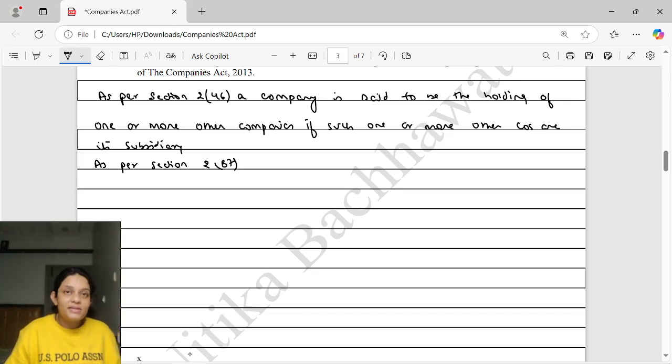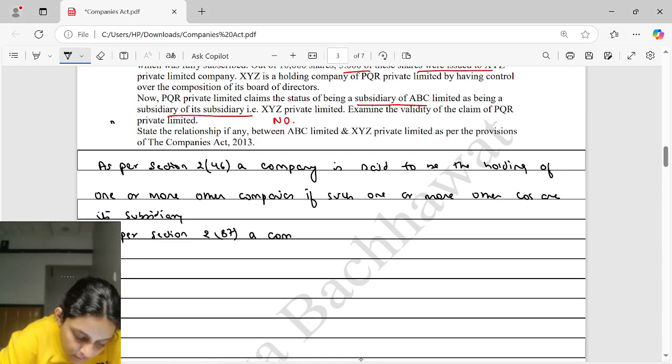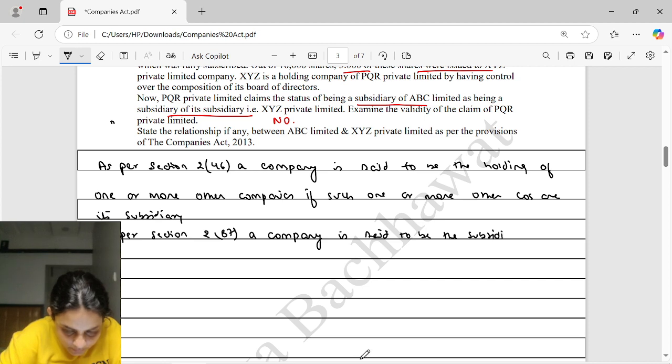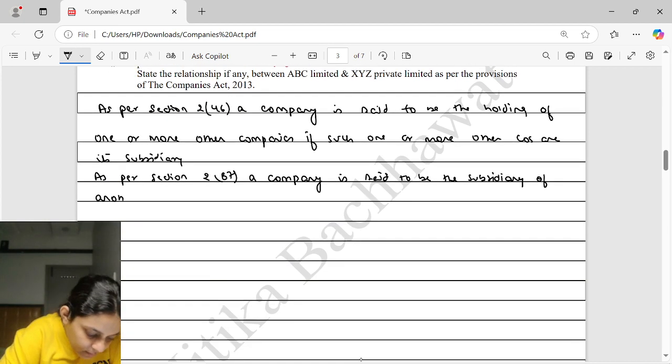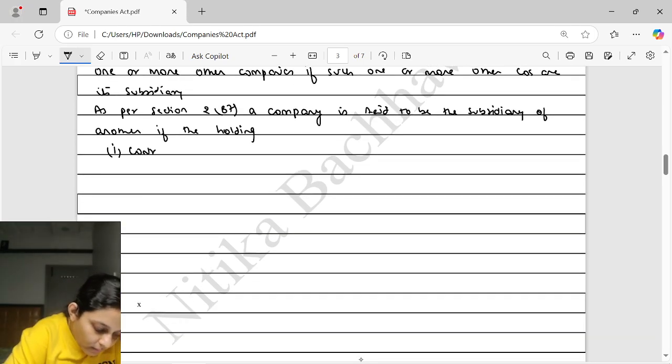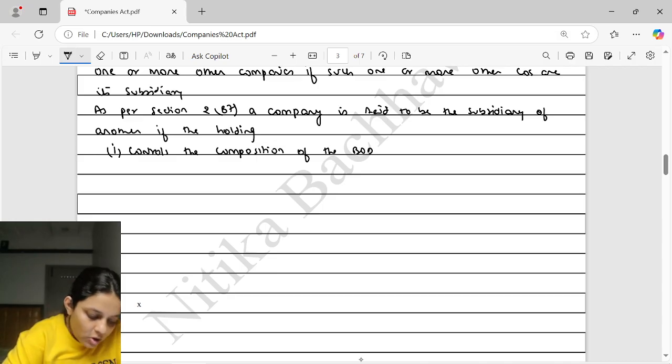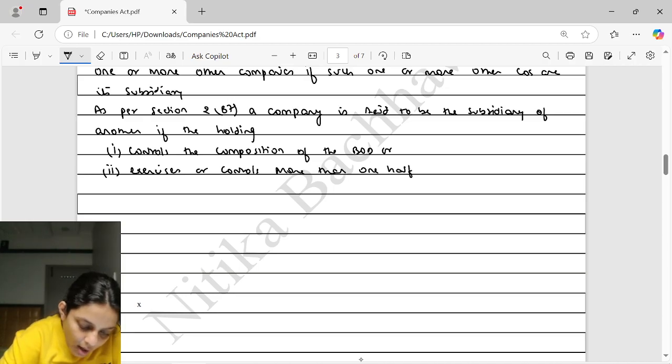As per section 2 clause 87, a company is said to be the subsidiary of another if the holding first controls the composition of board of directors or exercises or controls, or holds, more than one half of the total voting power.